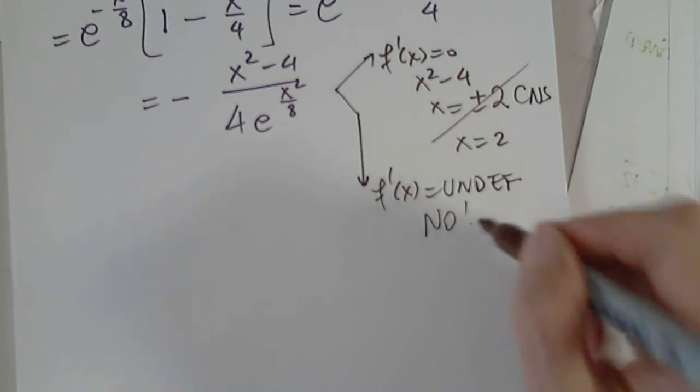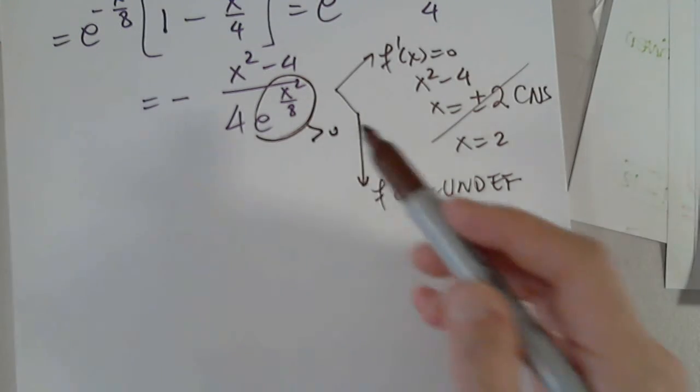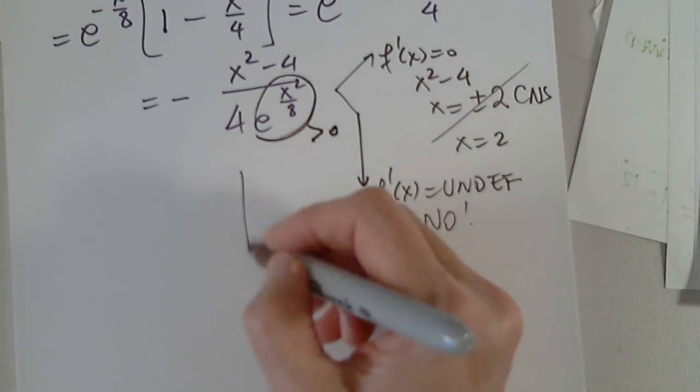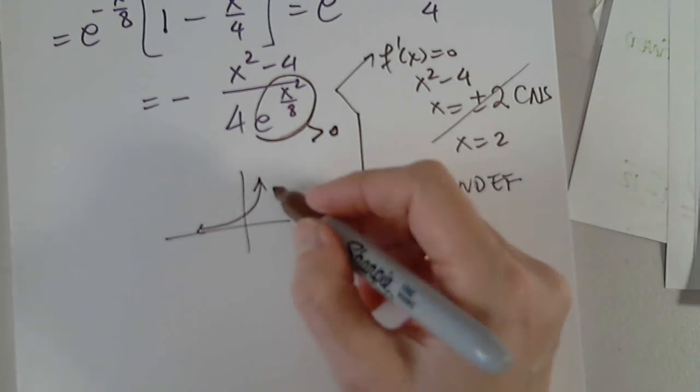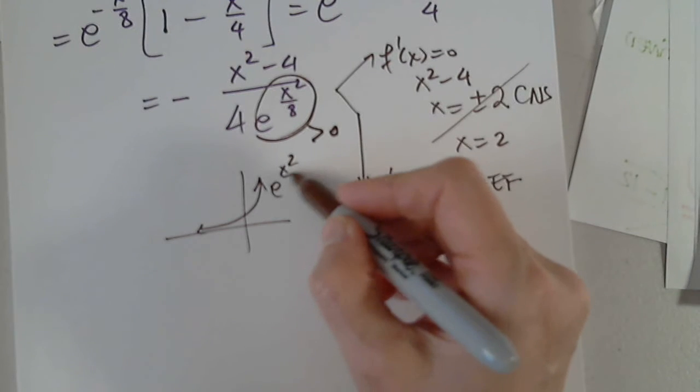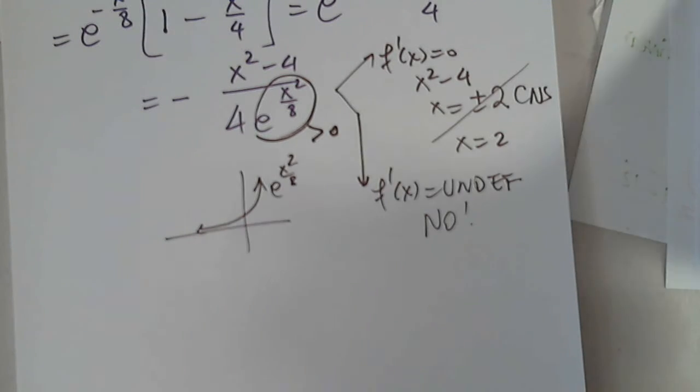No. This is 4 and this is always positive. Here's the graph of e to the x. It could never be 0, e to any power you want. So the only critical number that we found is 2. Nothing else.